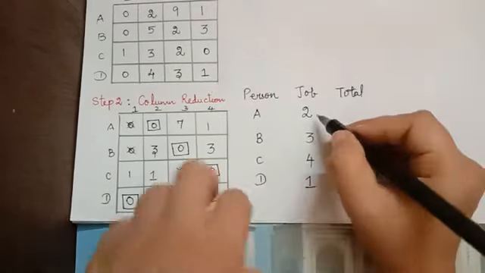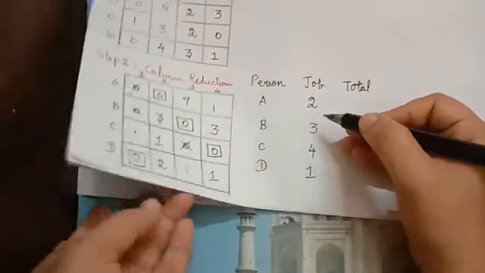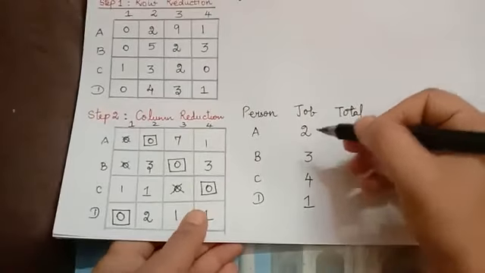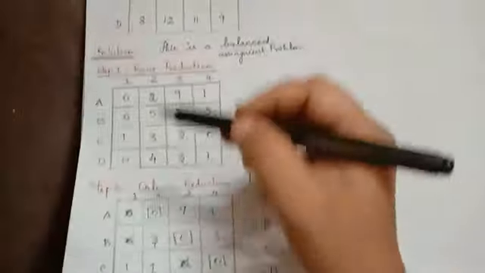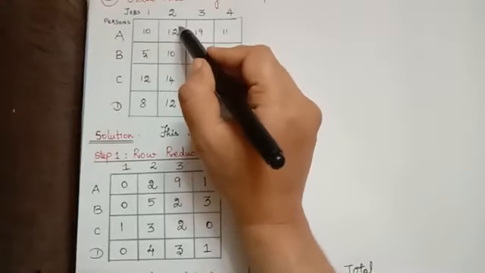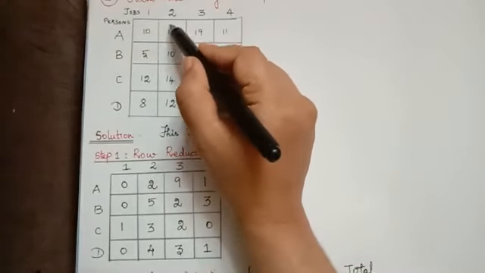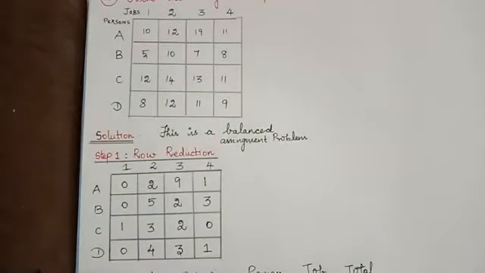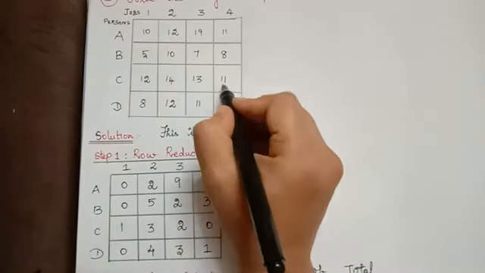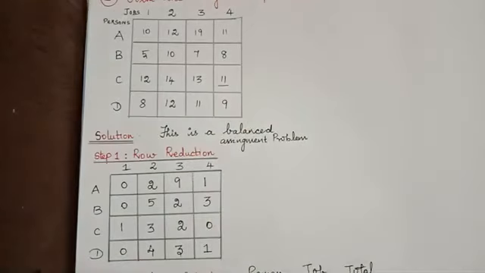Now we have to see the cost value from the original given matrix. In this place, the original value given in the matrix, the cost of that element is 12. And over here we have 7. And then this one is 11.